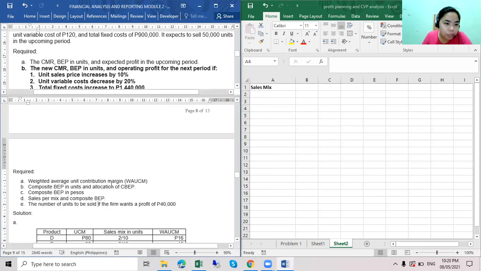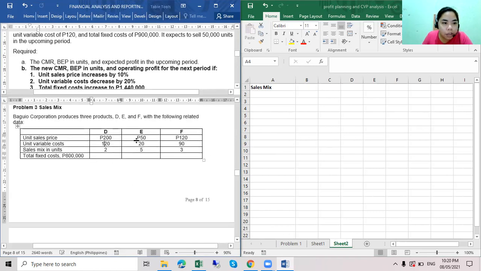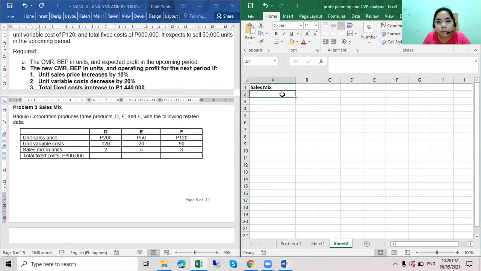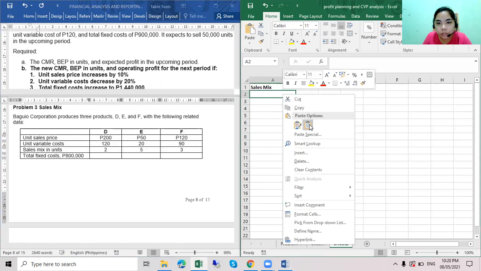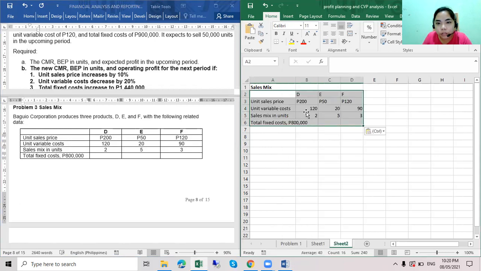Okay, so weighted average contribution margin per unit. Isaylo ta Danay ang data para hapos makita.